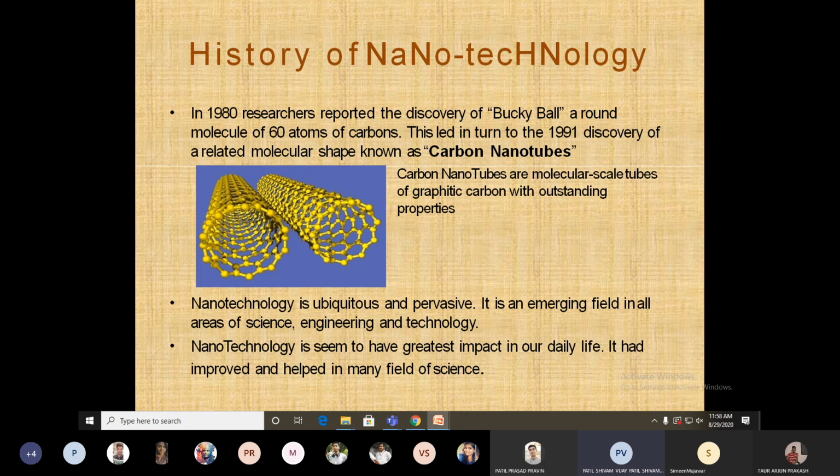Nanotechnology is ubiquitous, pervasive. It is an emerging field in all areas of science, engineering, and technology. Nanotechnology is seen to have greatest impact in our daily life. It has improved and helped in many fields of science.